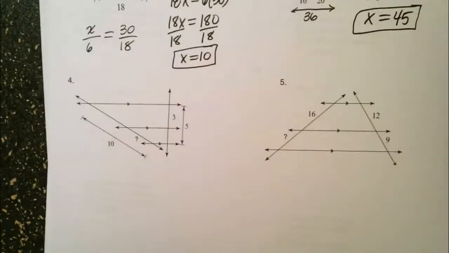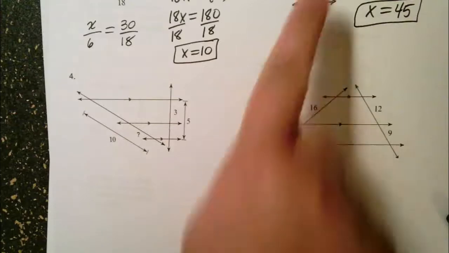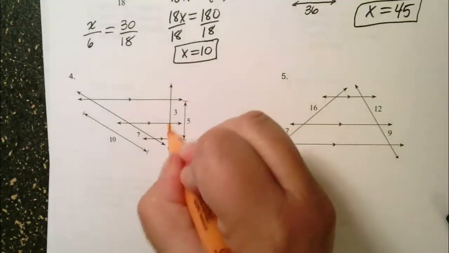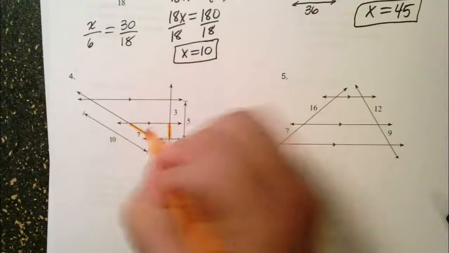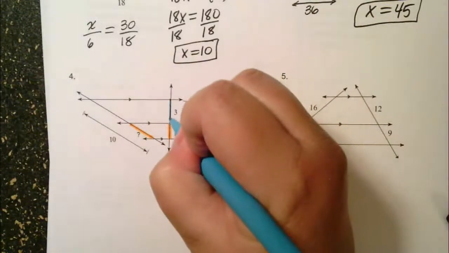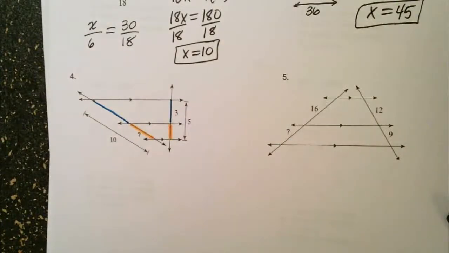Same thing down here. On this one, you do have to be careful because they're kind of trying to trick you. Like we were saying up here, don't compare things that aren't alike. This part here goes with this part here. This part goes with this part. So I'm not going to compare the 3.